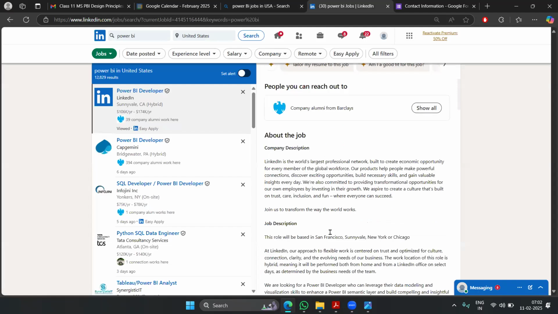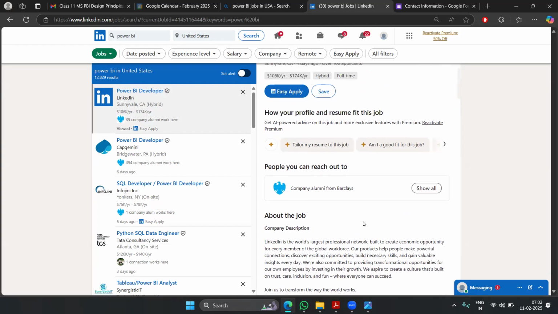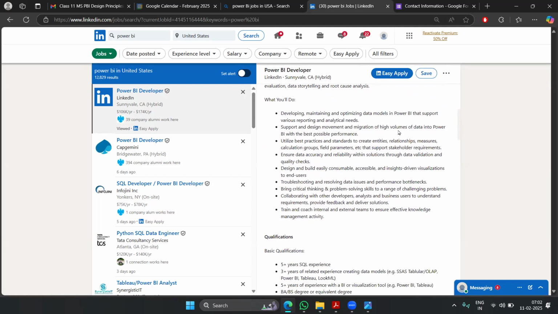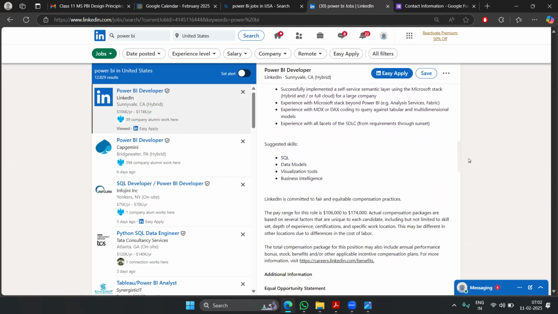What are the details they are going to ask? Let me scroll down. See, developing and maintaining optimized data models in Power BI that help various data analysts support design, movement, and migration, right? Ensure data accuracy and reliability within the solution through data validation and quality checks. So we are going to learn all these things as a part of our course.